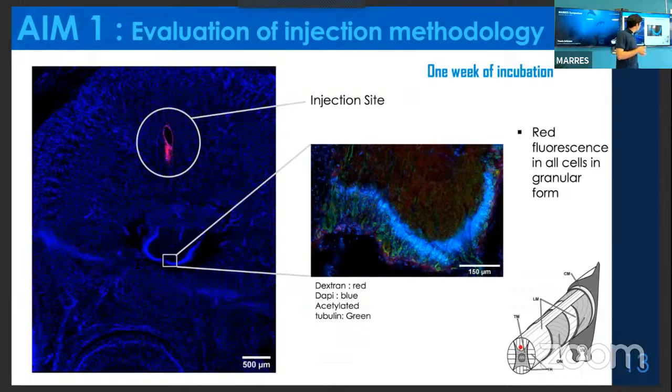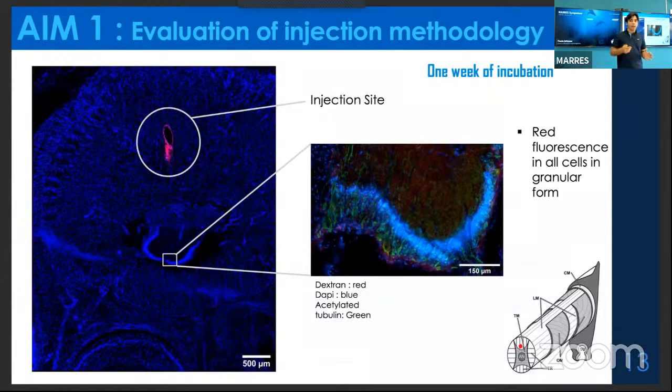And the red, I don't think you see it very well here, but we've got red spots everywhere in the image, which is supposed to be the dextran staining. So here it's spots of red fluorescence in the whole sample.